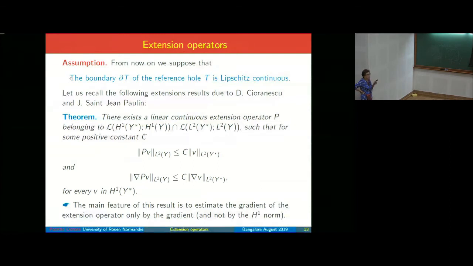What is the novelty of this extension operator? Because extension operators are known in the literature for Sobolev spaces.